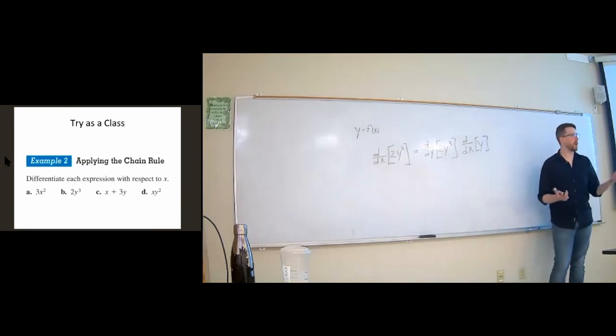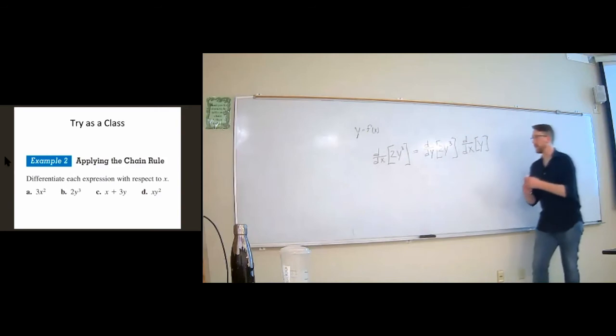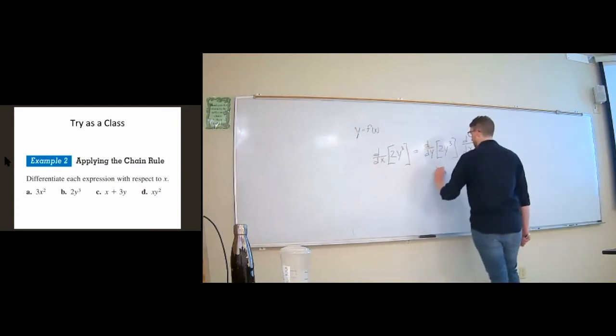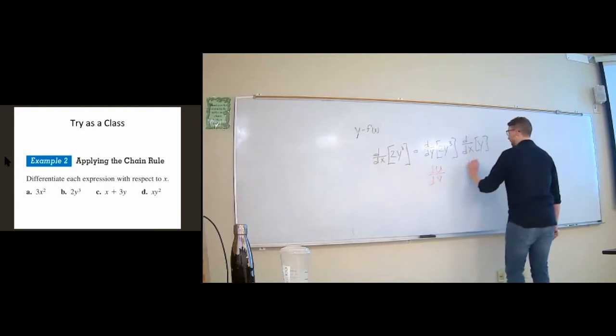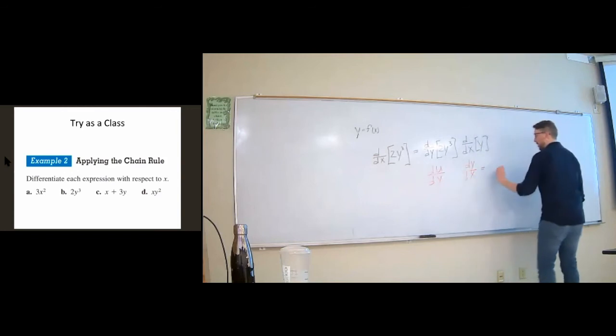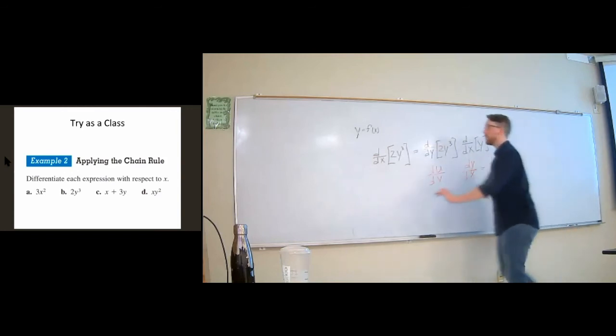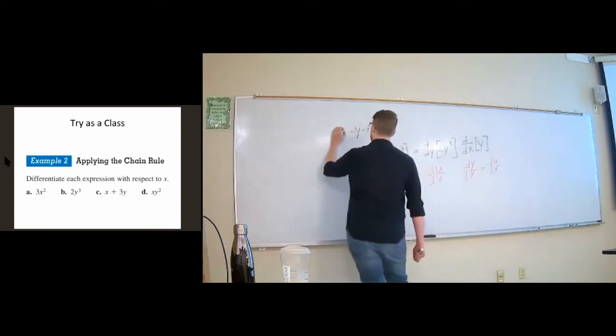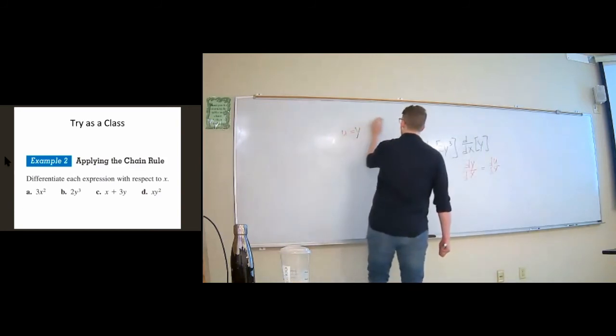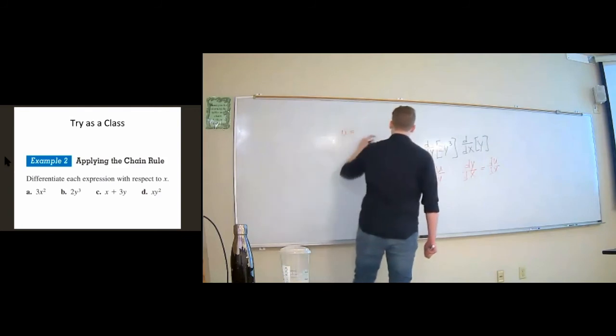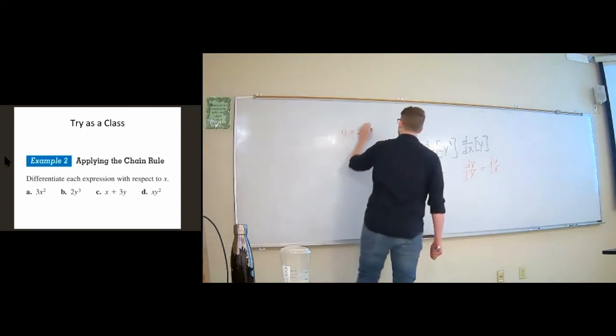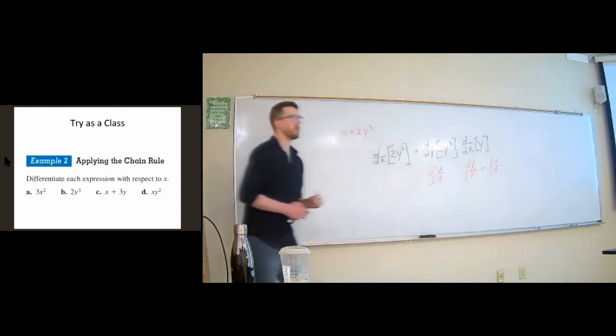The chain rule, right? This is du/dy, this is dy/dx, giving du/dx. This is assuming we call 2y cubed u.